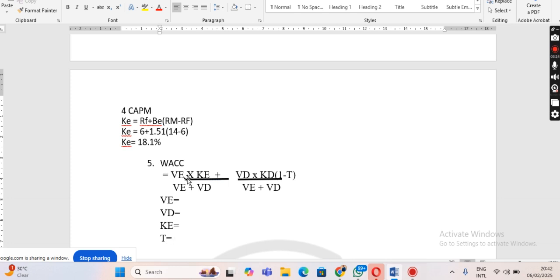Now, class, don't forget that the cost of equity here is 18.1%, right? Calculated in step 4. You can see that this is step 4, right? So the cost of equity is 18.1%, or 0.181, right?